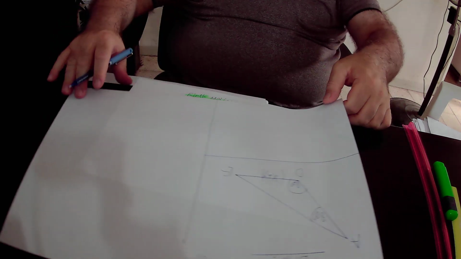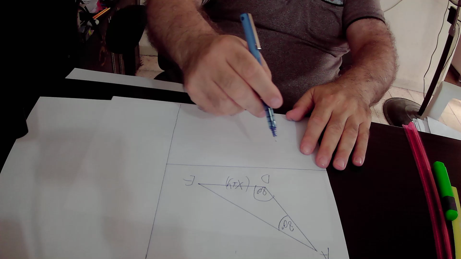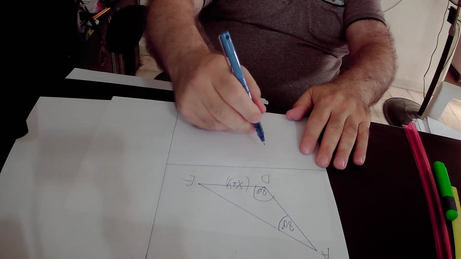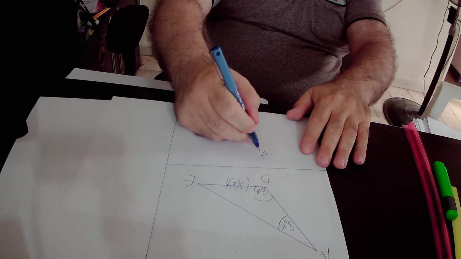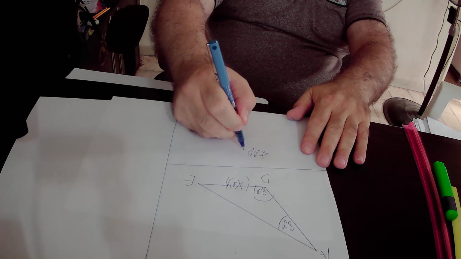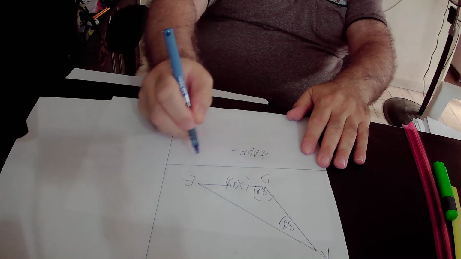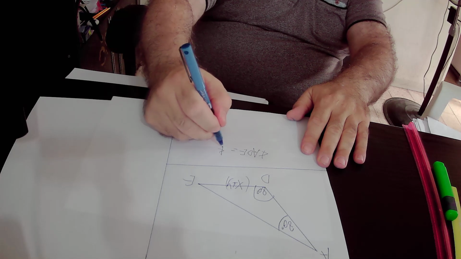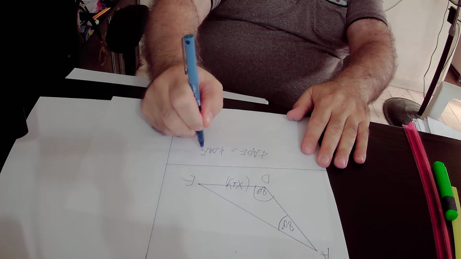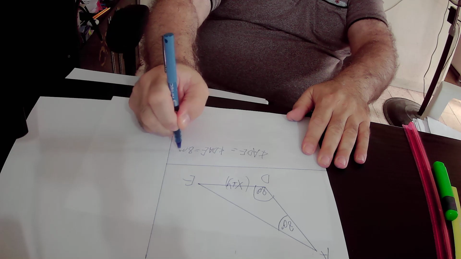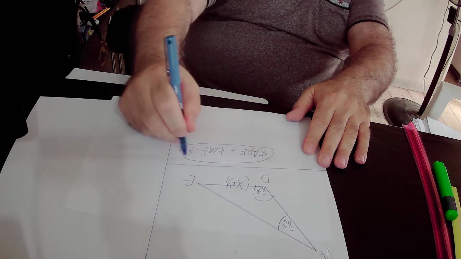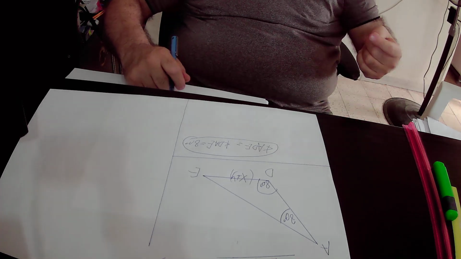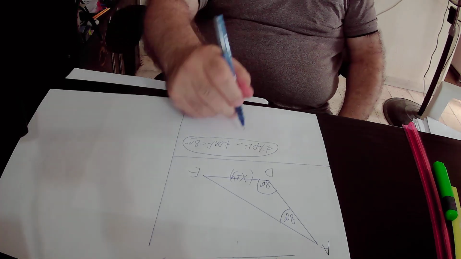So we can write down that this angle ADE is equal to this angle DAE, and they are both equal to 80 degrees, therefore they are equal to each other. And we have the rule that in front of equal angles in the triangle, there are equal sides.